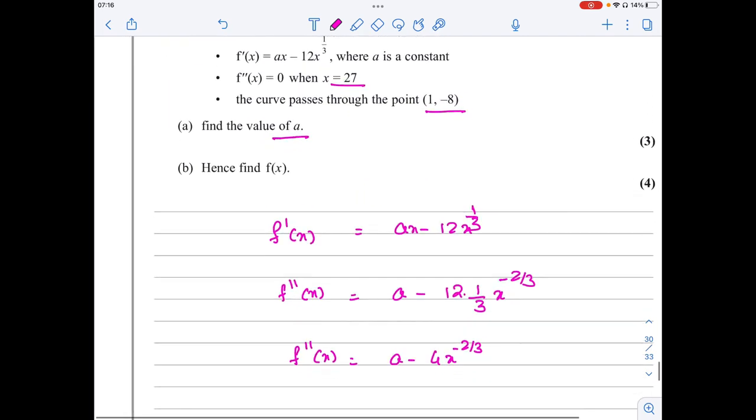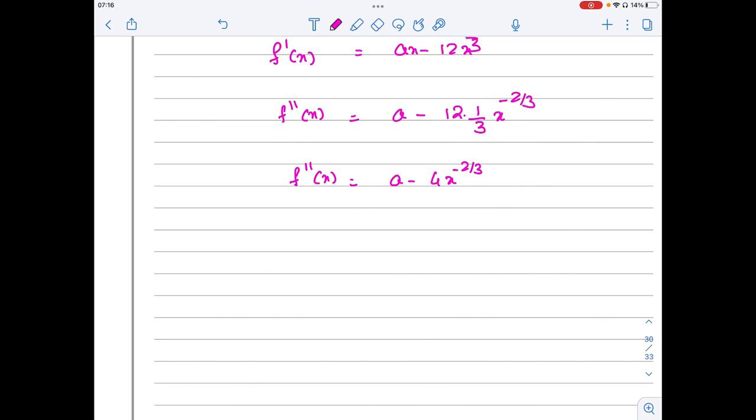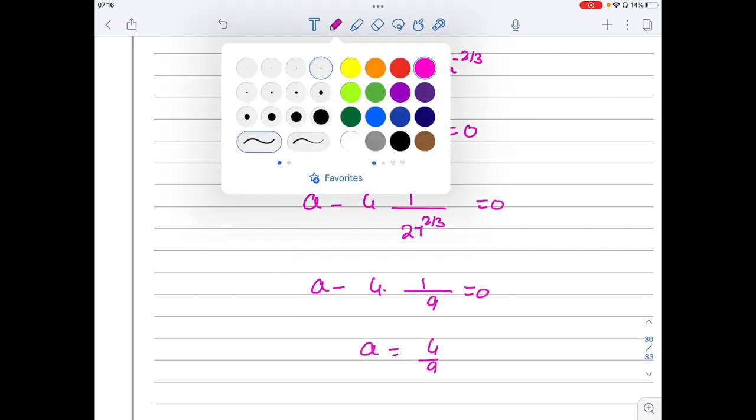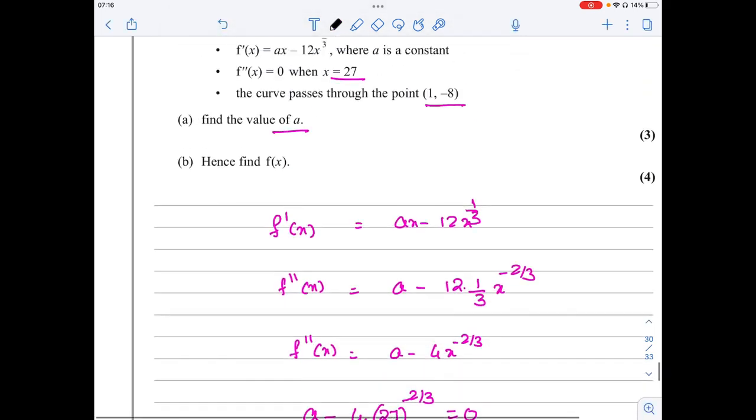Now when x is 27, plug in 27. So a minus 4 times 27 to the power of minus 2 upon 3 equals 0. So a minus 4 times 1 upon 9 equals 0. So a equals 4 upon 9. I got the value of a as 4 upon 9.